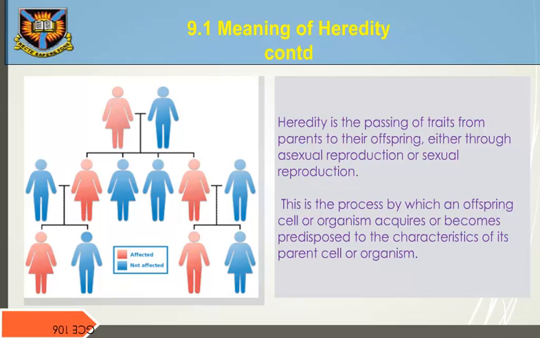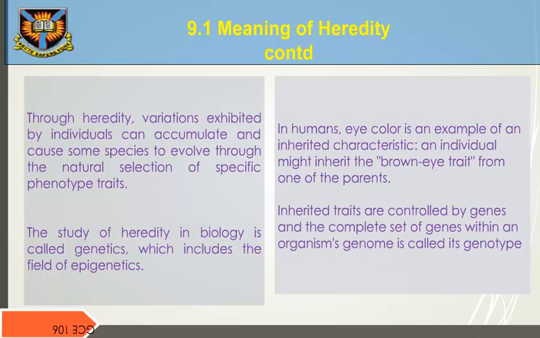Heredity is the passing of traits from parents to their offspring, either through asexual reproduction or sexual reproduction. This is the process by which an offspring cell or organism acquires or becomes predisposed to the characteristics of its parent cell or organism. Through heredity, variations exhibited by individuals can accumulate and cause some species to evolve through the natural selection of specific phenotype traits.